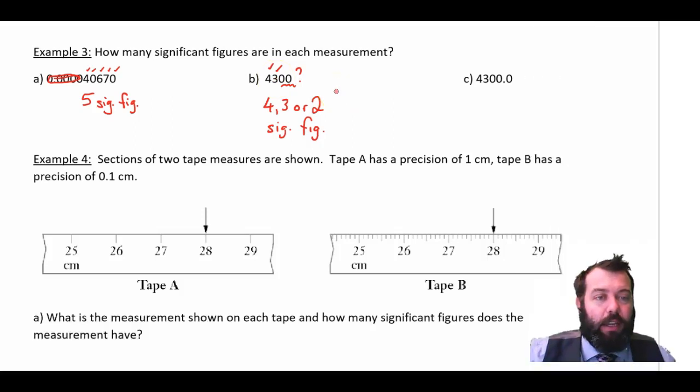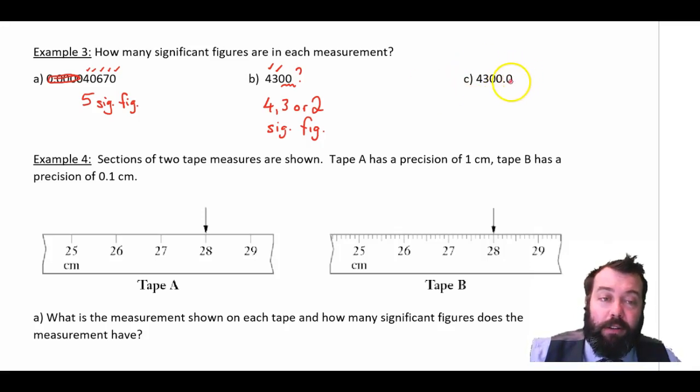Anyway, back over here. Now, this has the same value. In some respects, they're the same number. But the 0.0 at the end means this definitely hasn't been rounded off to the nearest 100, to the nearest 10, or even the nearest unit.